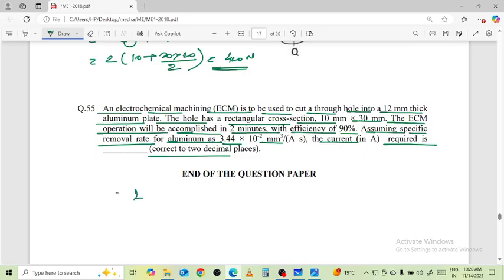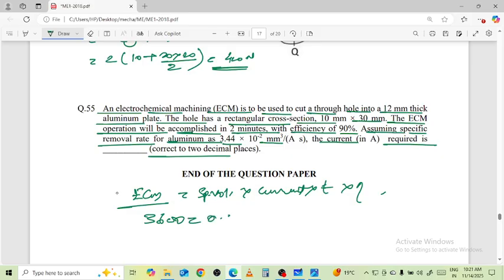So, specifically for the ECM, the specific volume removal rate, current, into time for the melting, into efficiency is 3.44 into 10 raised to minus something, current 120.